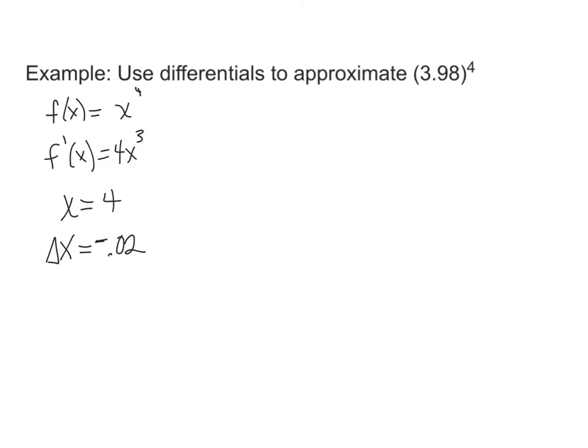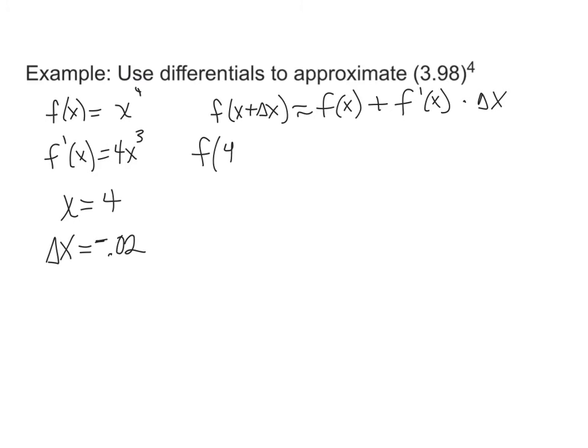All right, so we know that f of x plus delta x is approximately f of x plus f prime of x times delta x. So f of 4 minus 0.02 is going to be 4 to the 4th plus the derivative, 4 times 4 to the 3rd times negative 0.02.